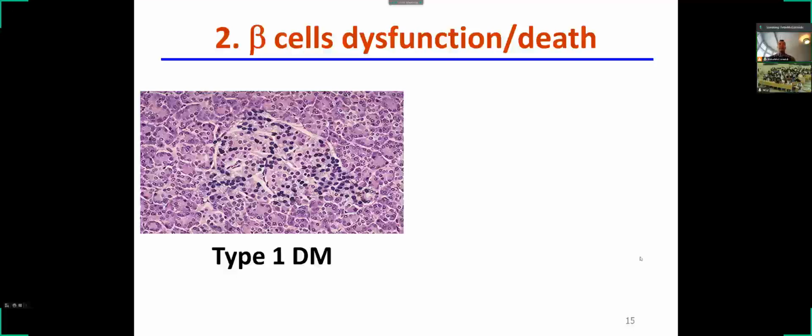So what about beta cell dysfunction and death? And remember, in type 1 diabetes, we had tremendous immune response and tremendous infiltration, shown here with those black circles, into and destroying the beta cells.